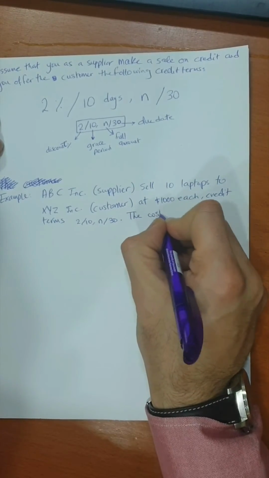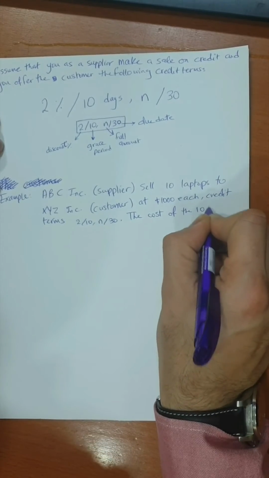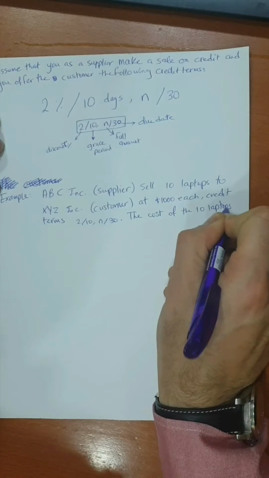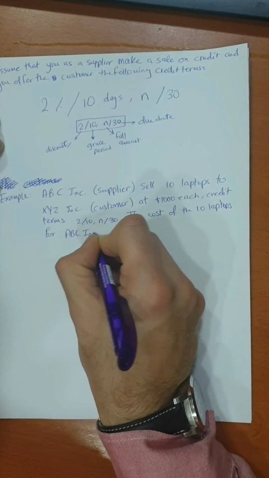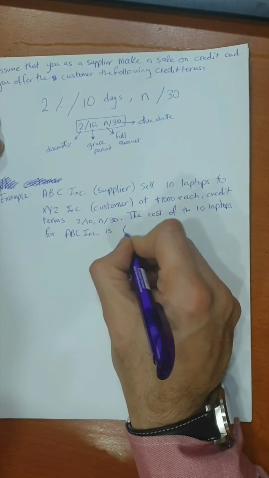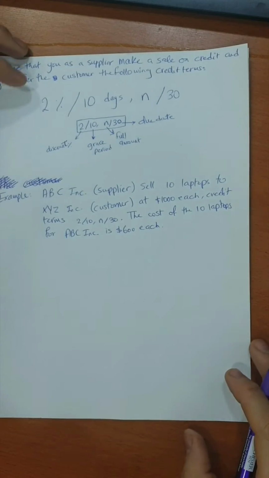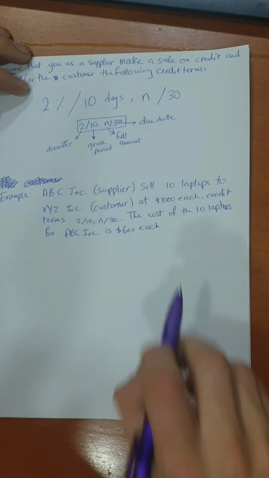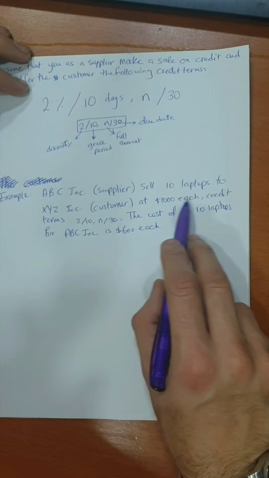The cost of the 10 laptops for ABC Incorporation is $600 each. Okay, so now we have a company, ABC, that sold 10 laptops to XYZ, the customer, at $1,000 each.